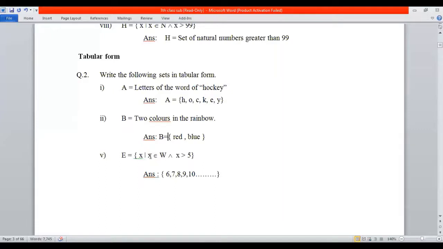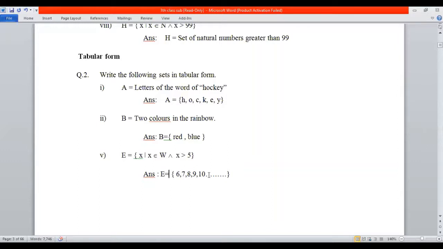So x such that x belongs to whole numbers and x is greater than 5. In the answer, what will you write? You give the same name which is given in the question, E, and then you write the same set in tabular form: 6, 7, 8, 9, 10 and so on, because this is an infinite set.